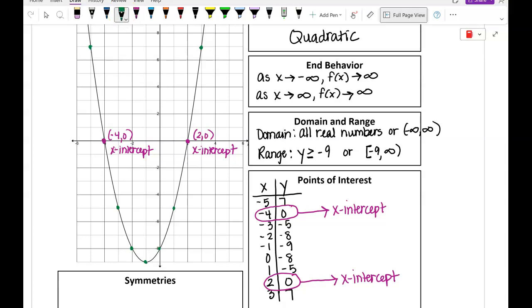Do we have any y-intercepts in this function? 0, -8 here. What about a maximum or a minimum?